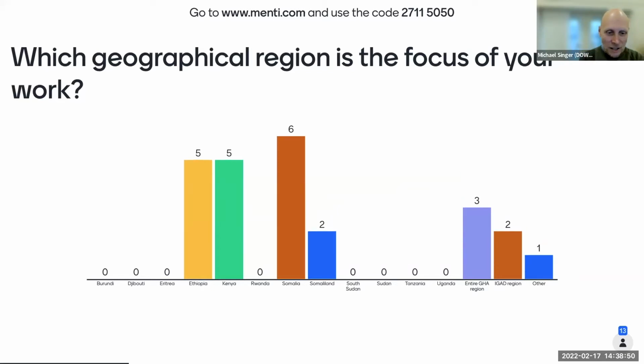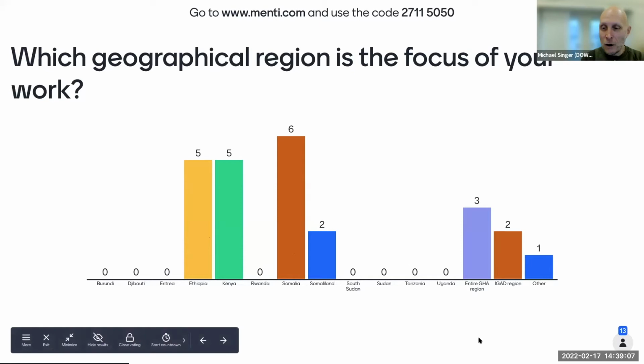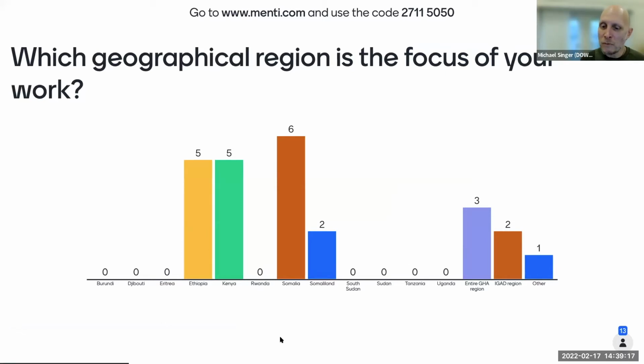The really good news here is that the Down2Earth project is mostly focused on the Horn of Africa drylands within Somalia, Somaliland, Kenya, and Ethiopia. So hopefully this will be of broad interest to many of you. The products that we're generating should be more broadly applicable across the IGAD region and the Greater Horn of Africa.